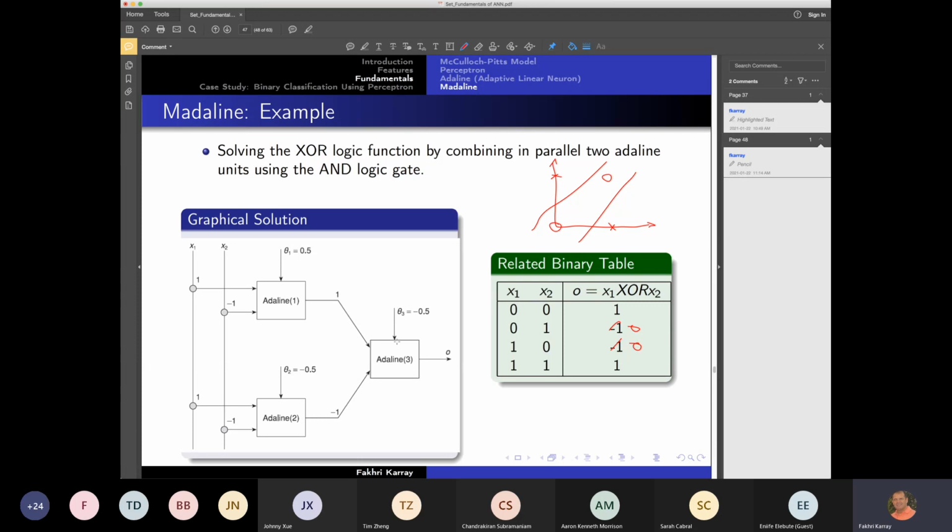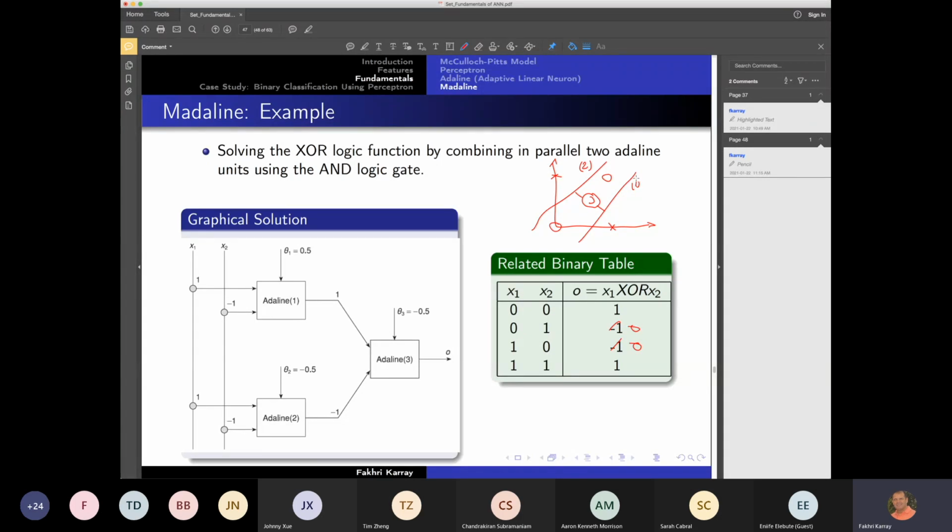So what we are doing here exactly is utilizing Adaline 1 here and Adaline 2 here. And we combine both of them together using an Adaline 3, as you can see in the figure here.